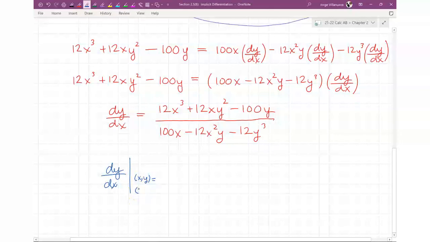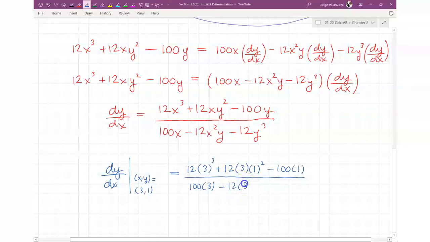What was it, a 1, 3 or a 3, 1? 3, 1, right? Okay. So plugging in 3, 1. So when x is 3, y is 1. So 12 times 3 cubed plus 12 times 3 times 1 squared minus 100 times 1, divided by 100 times 3 minus 12 times 3 squared times 1 minus 12 times 1 cubed.